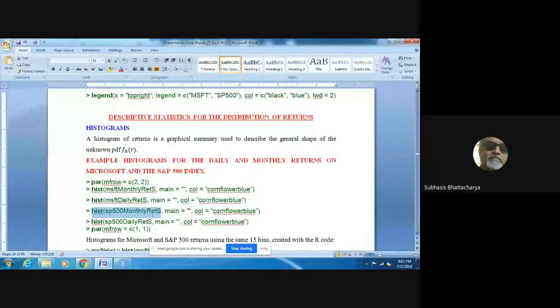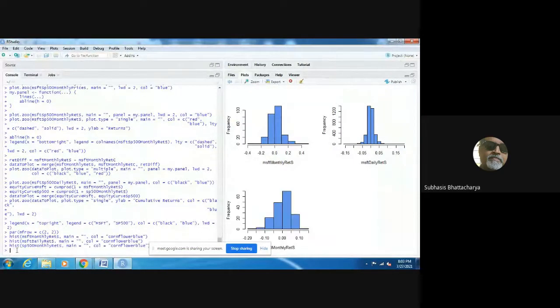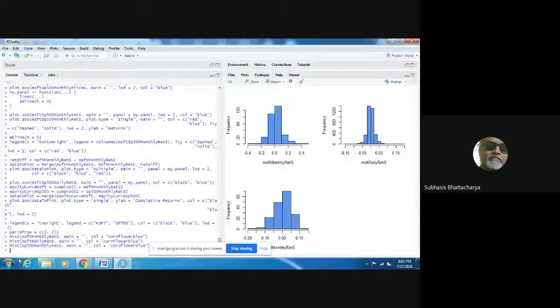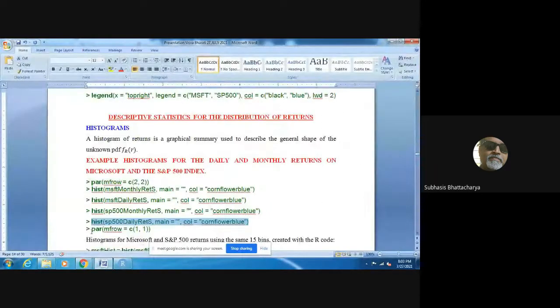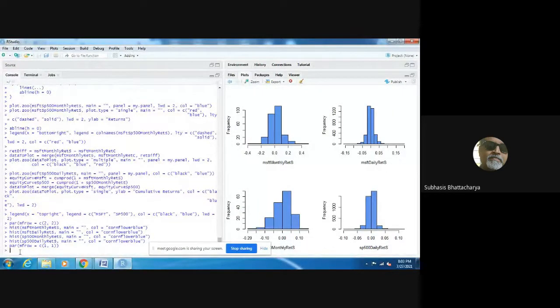And similarly for the S&P 500, the daily returns of the S&P 500. So all histograms have a bell shape like a normal distribution.